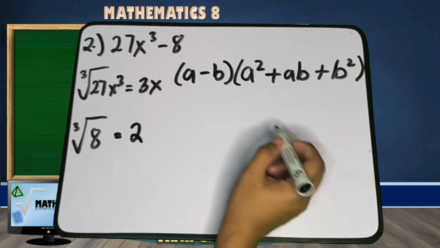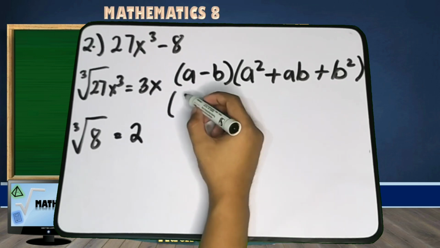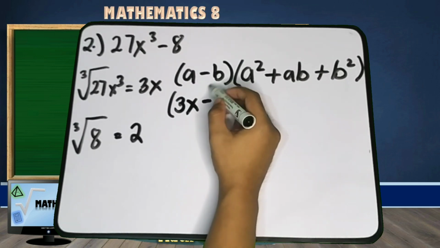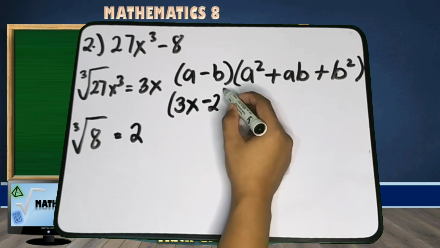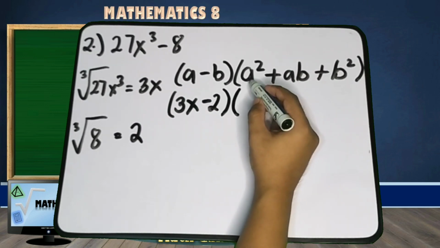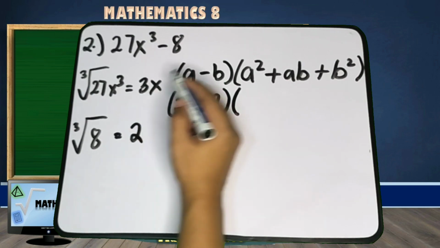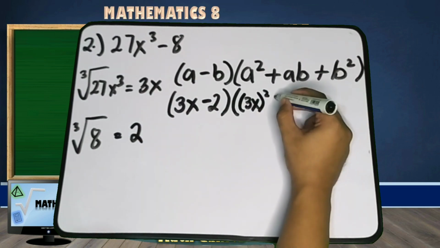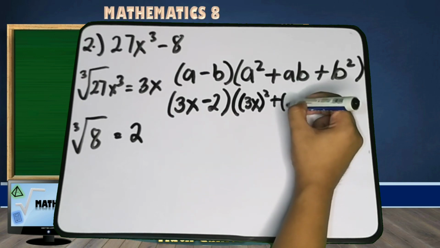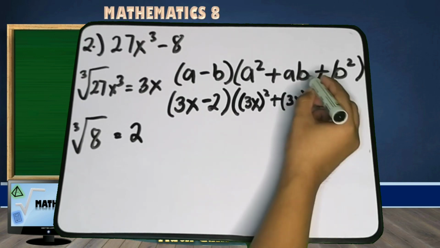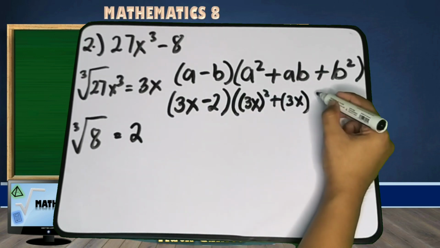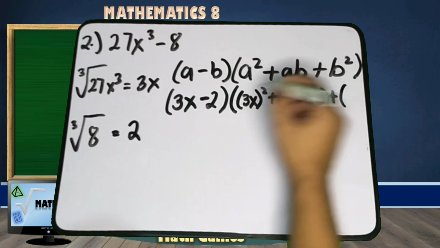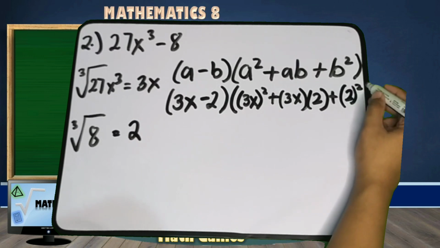So by substitution, our value of a is 3x, so this is 3x minus our b is 2, times value of a, so that is 3x squared, plus a is 3x times b, which is 2, plus b is 2 squared.